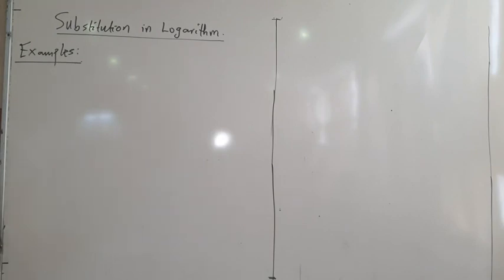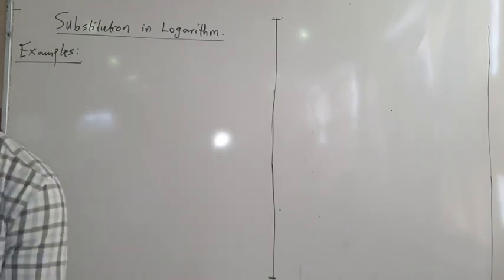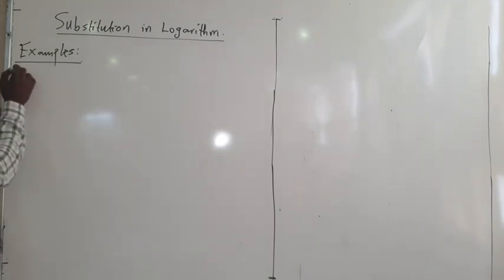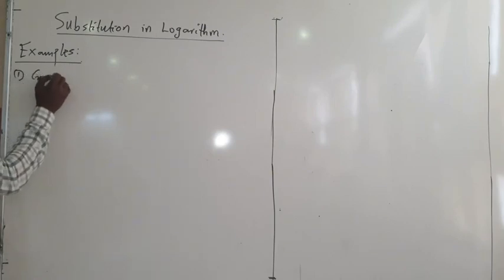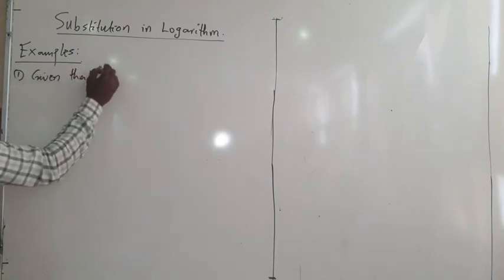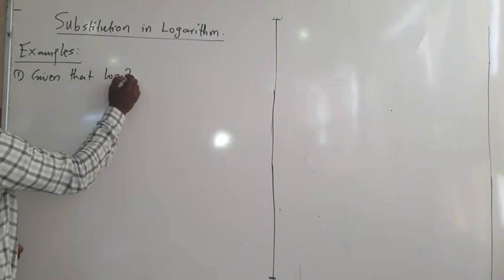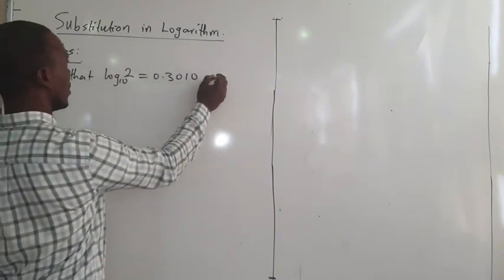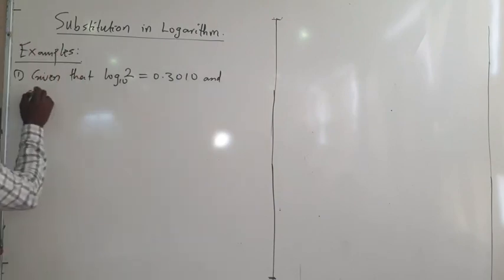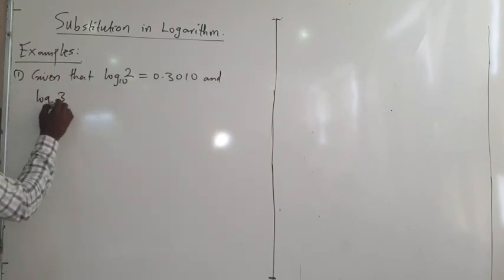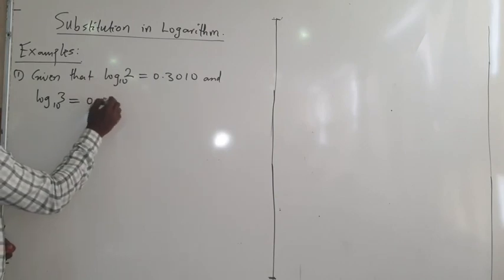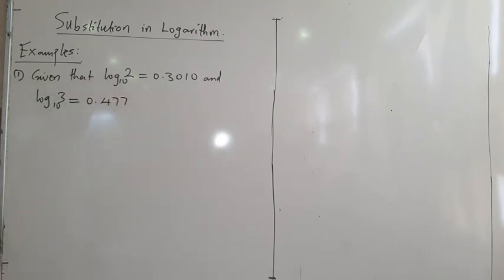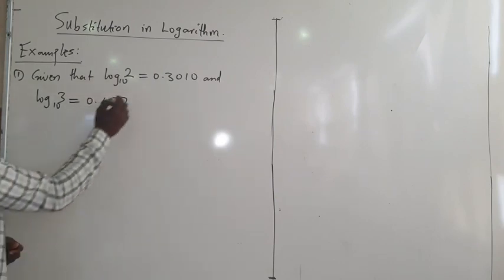Question 1 says, given that log 2 base 10 equals 0.3010 and log 3 base 10 equals 0.4771.